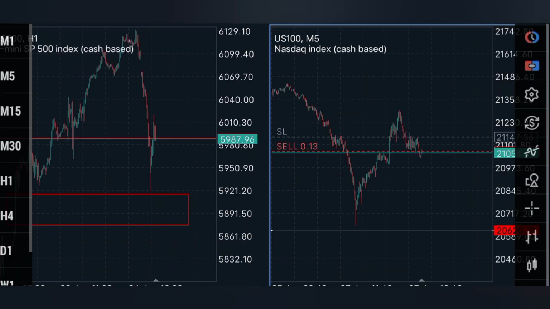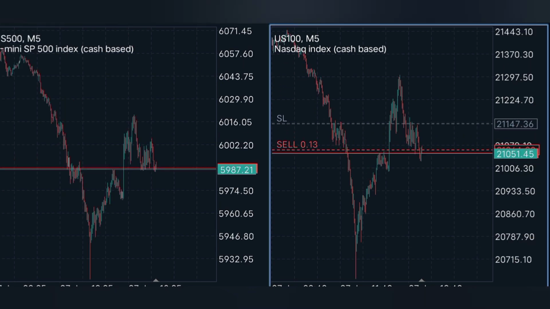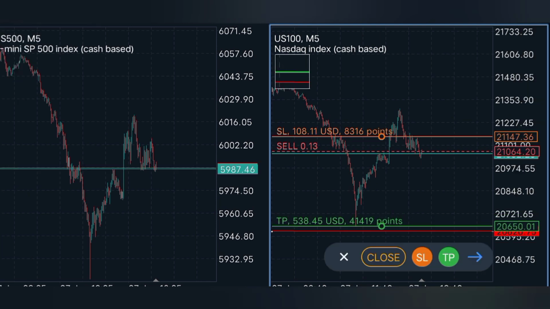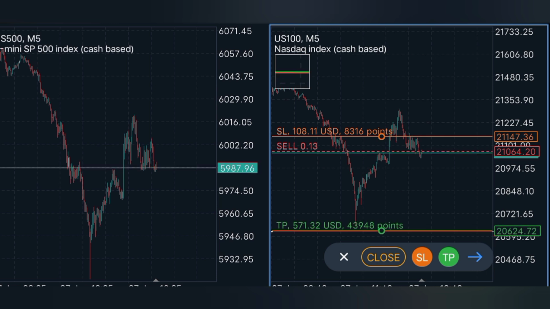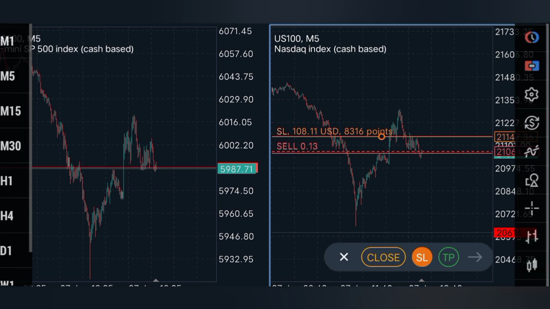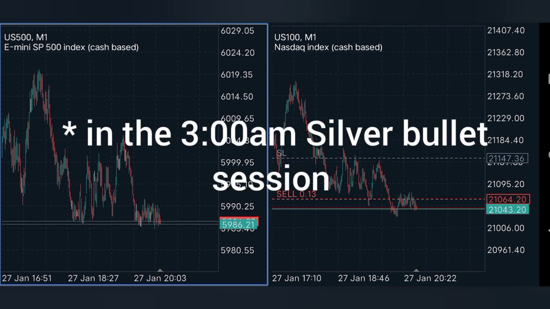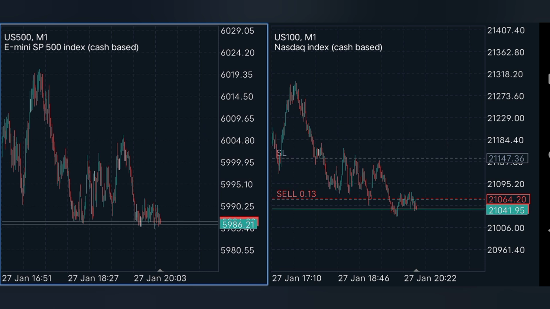So I anticipated that price intended for the day, rather for this session, as the PM session, to further reach into the fair value gap that it failed to fully fill on SPX, and my perspective was that the need to fill that fair value gap would also result in the other stock indices, like the Nasdaq, which I traded earlier in the AM session, to also fall to the downside.